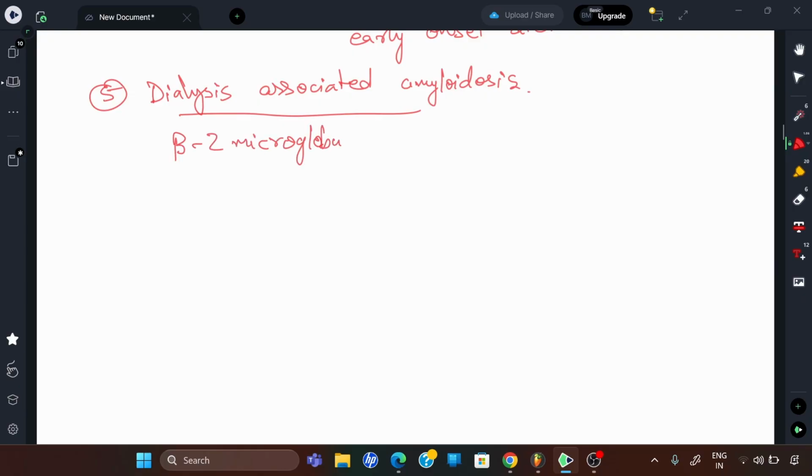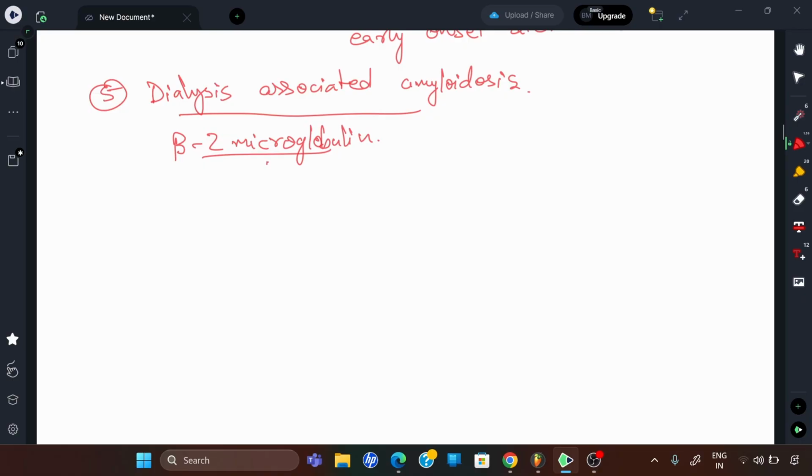Now, what exactly is this beta 2 microglobulin? See, you have MHC1 having a transmembrane domain and an extracellular domain, right? And the structural support to these two domains is given by this beta 2 microglobulin. Now, when a patient is under dialysis, this beta 2 microglobulin does not get filtered well, right?